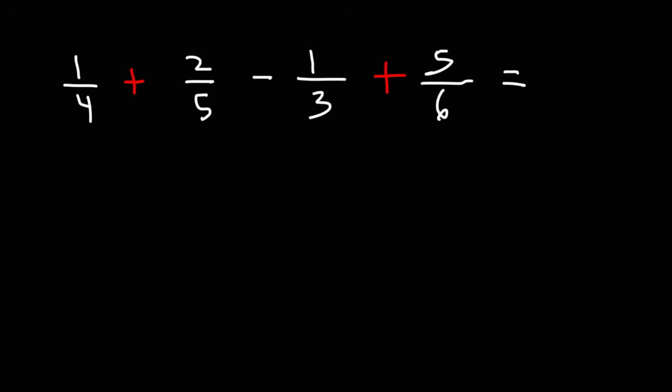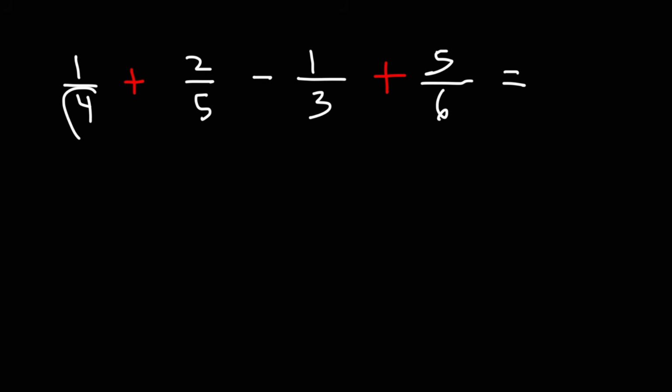Go ahead and try that. What's 1 over 4 plus 2 over 5 minus 1 over 3 plus 5 over 6? So what number goes into 4, 5, 3, and 6? We need to find a common denominator.